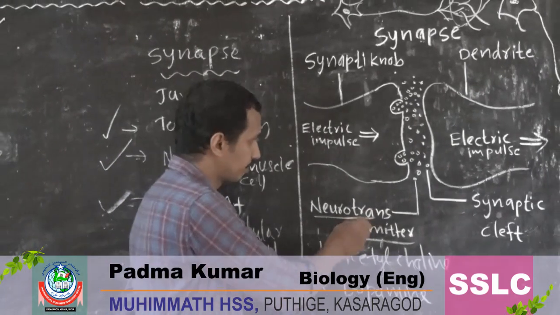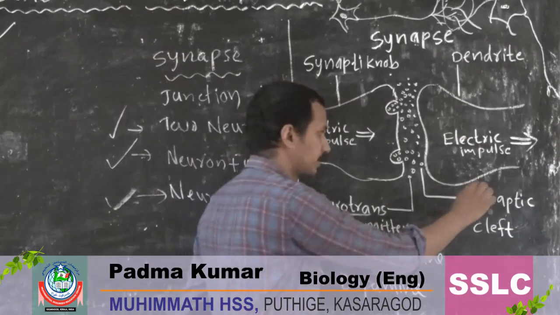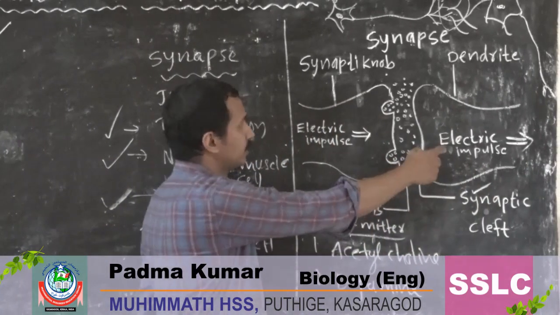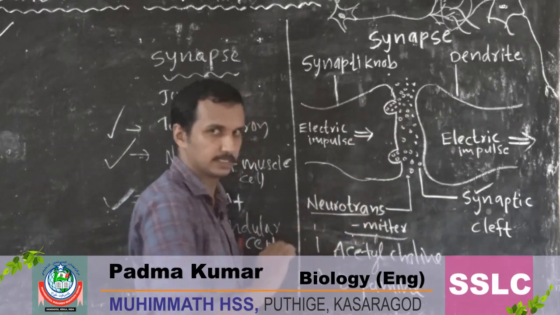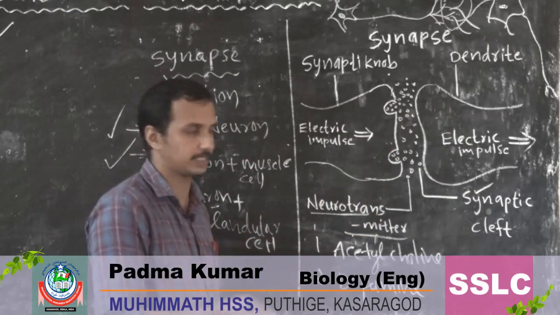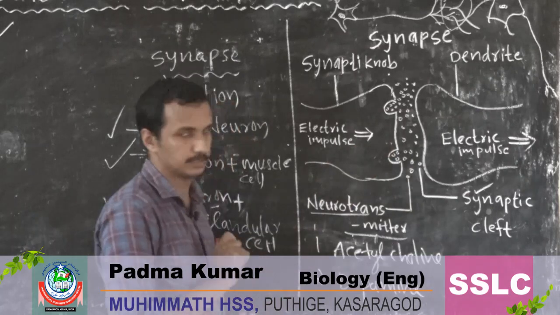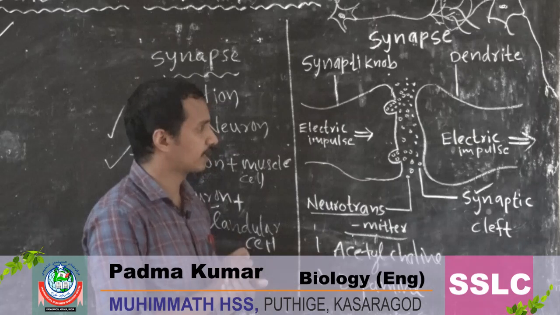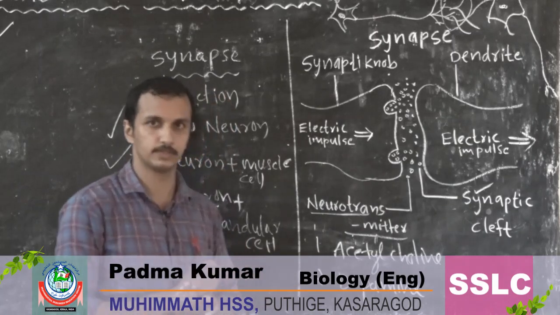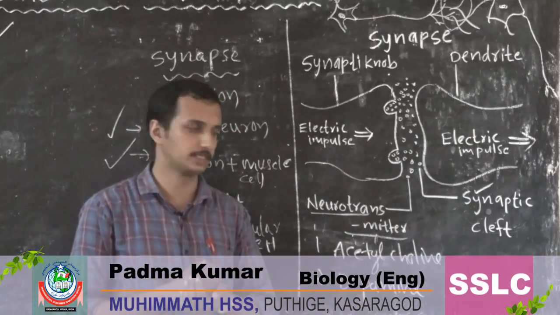So that is neurotransmitter. Synaptic cleft means what? It is the gap between the synaptic knob and dendrite. Neurotransmitters are chemical substances released into the synaptic cleft. Then what is the function of this synapse? What are the functions performed by synapse?